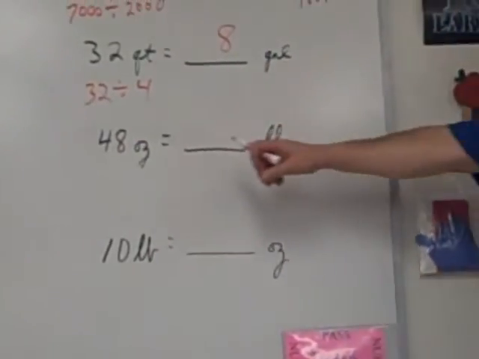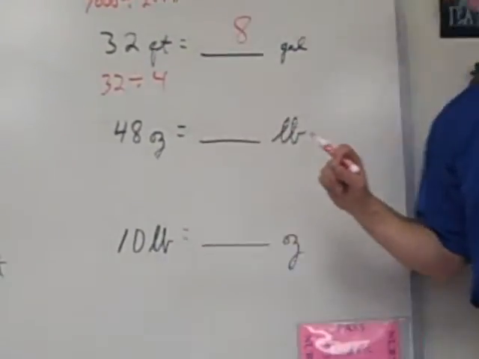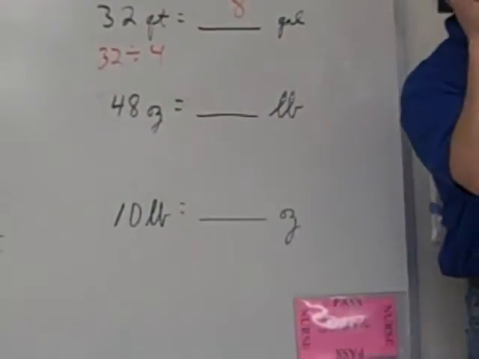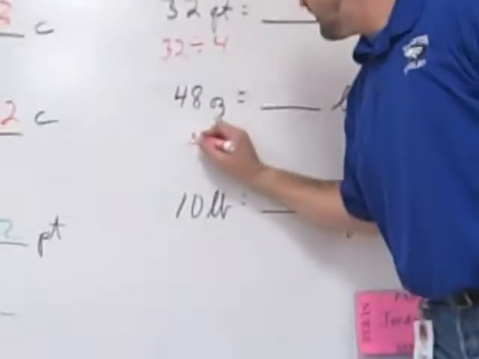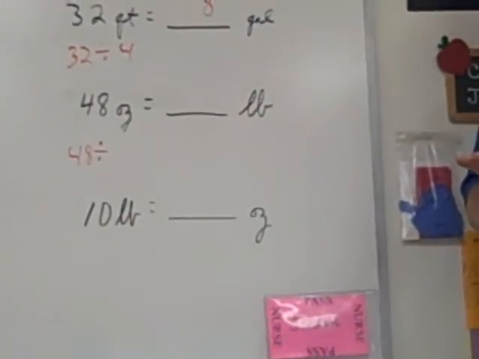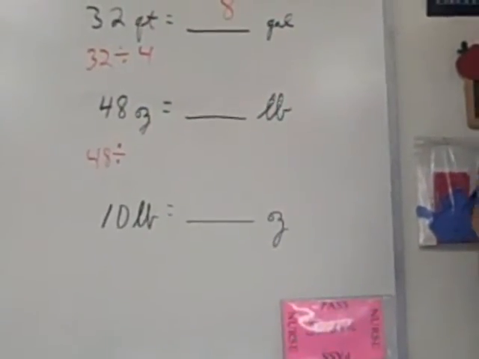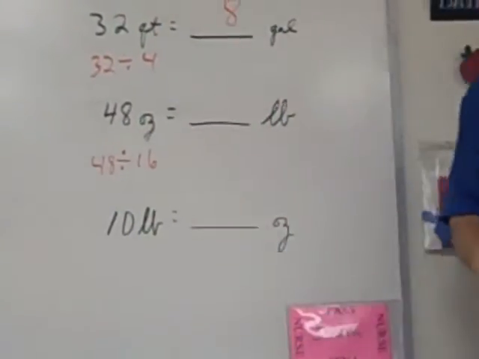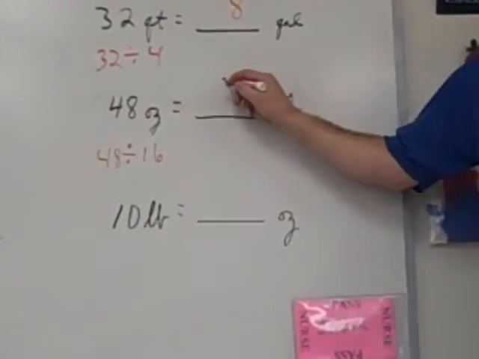Now it doesn't say fluid ounces, does it? So that puts us on the other chart. Ounces, pounds. Divide, right, Ron? Okay, so 48 divided by, where's ounces and pounds together? 16. So divide by 16? 3. 3 pounds.